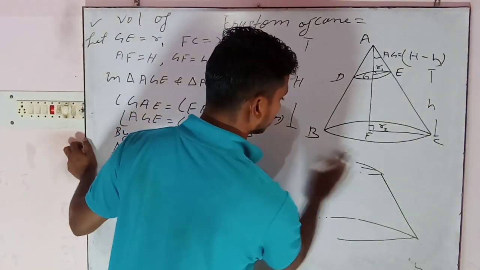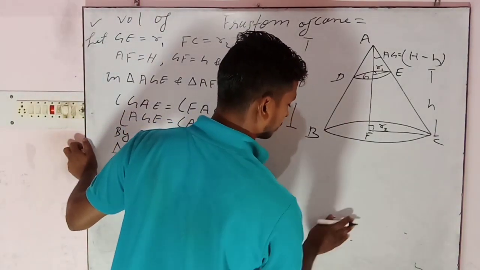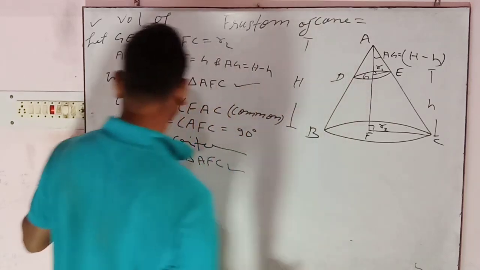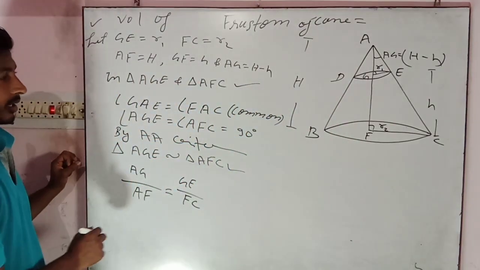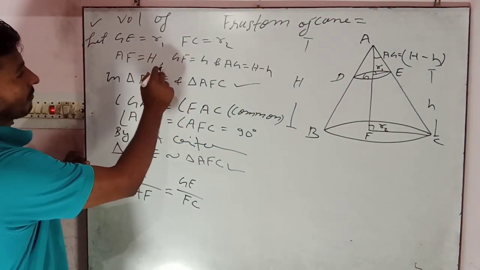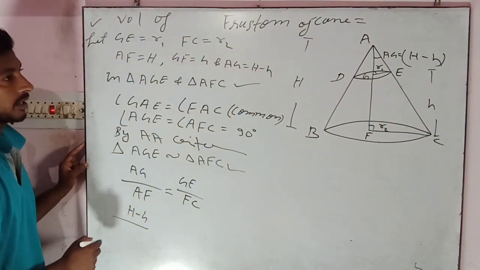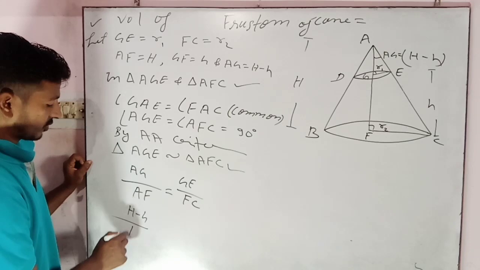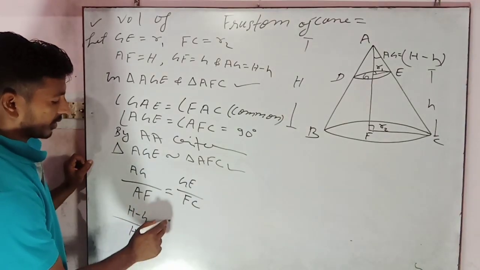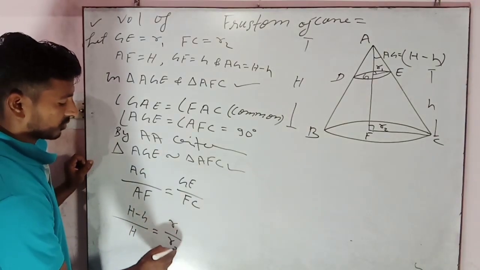Now AG is equal to H minus h, AF is equal to capital H, and this one is R1, this one is R2.